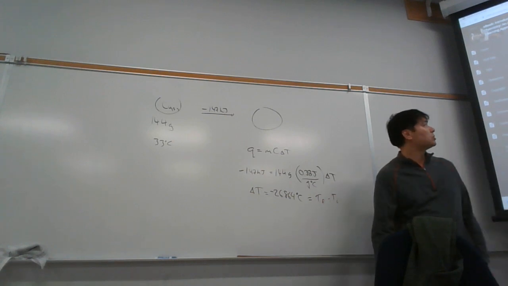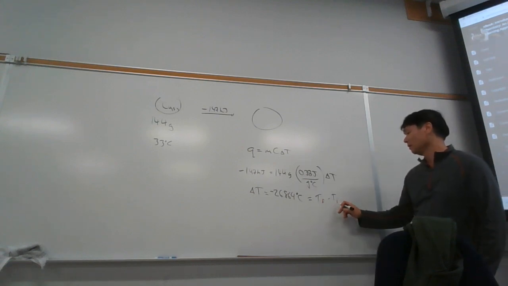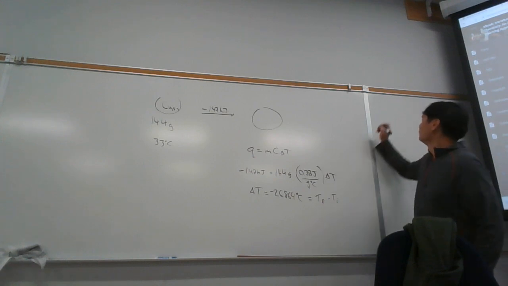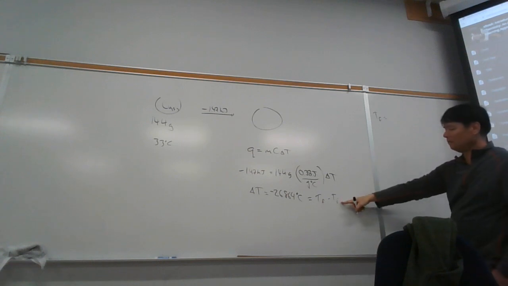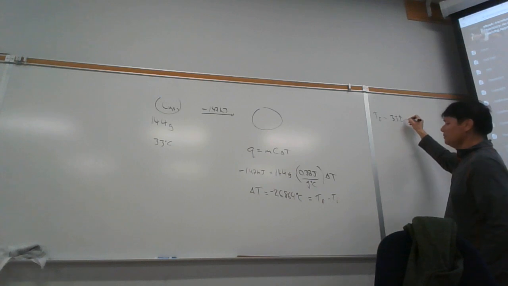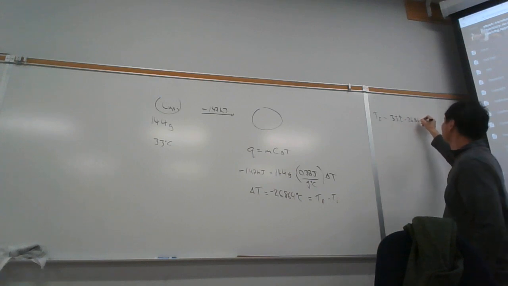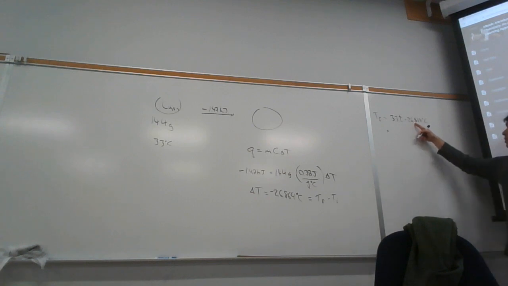They give us T initial is 33 degrees C, which is actually quite warm. Then we'll calculate T final. We'll add T initial to both sides, so T final is going to be 33 degrees C minus 26.864 degrees C. I'll just say 26.9.